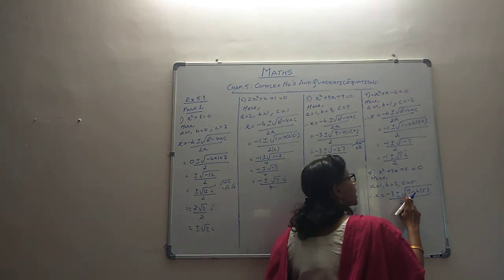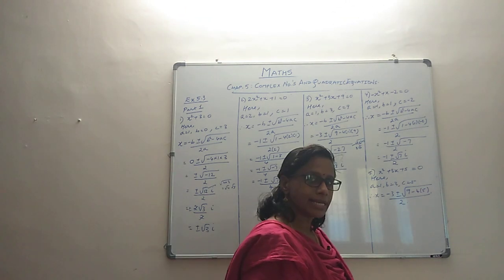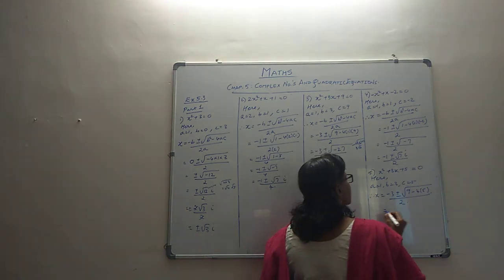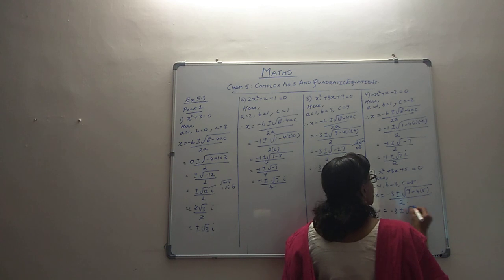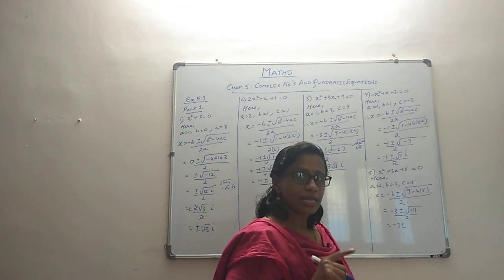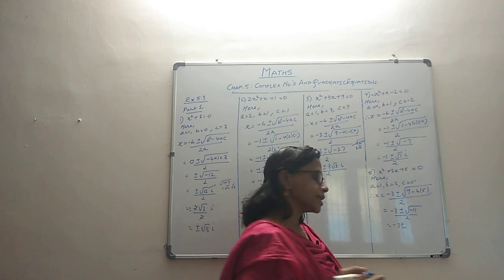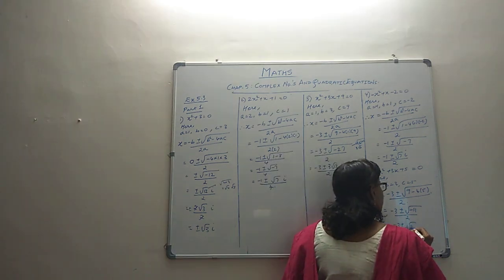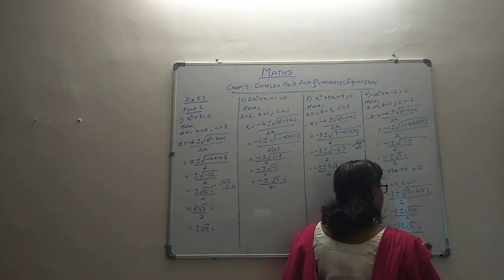Now 9 minus 20 is minus 11. So we have minus 3 plus or minus root of minus 11 by 2. Root of minus 11 is root of 11 and root of minus 1, that is i. So you have root of 11 i by 2.